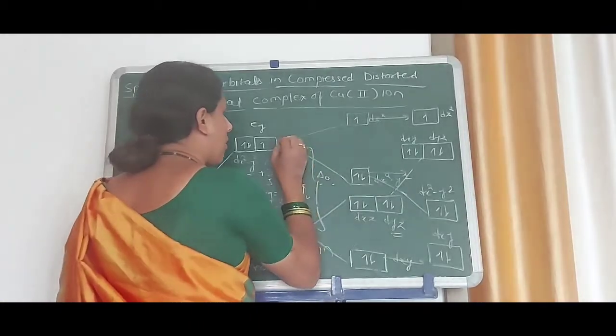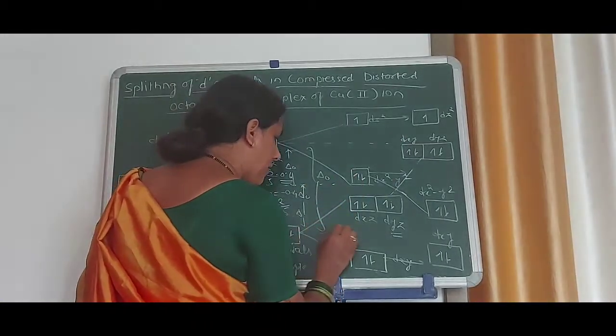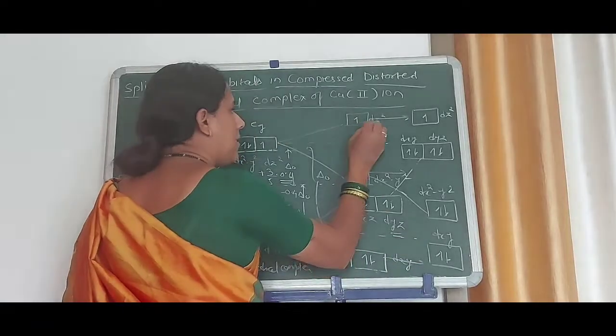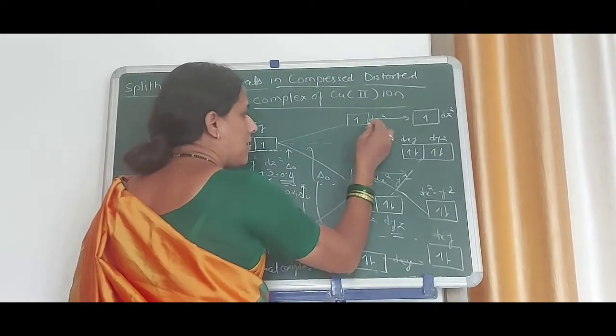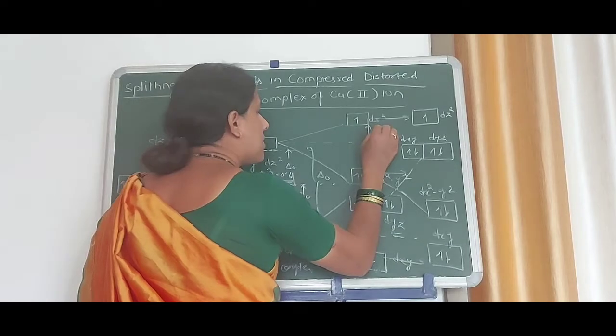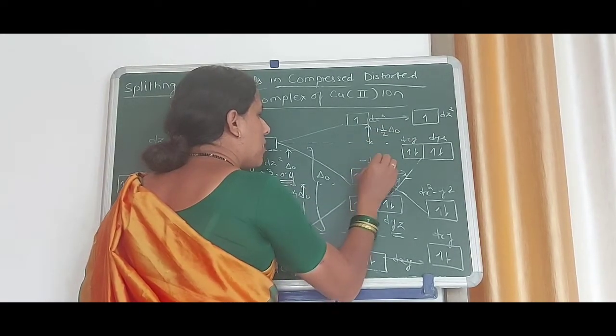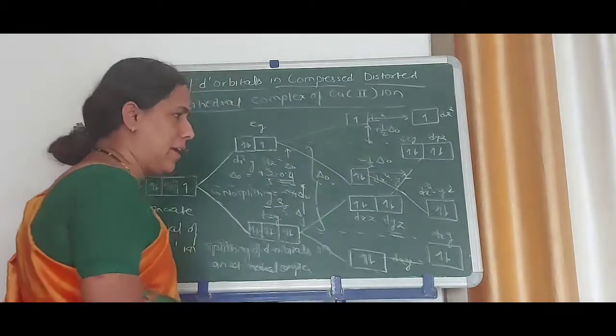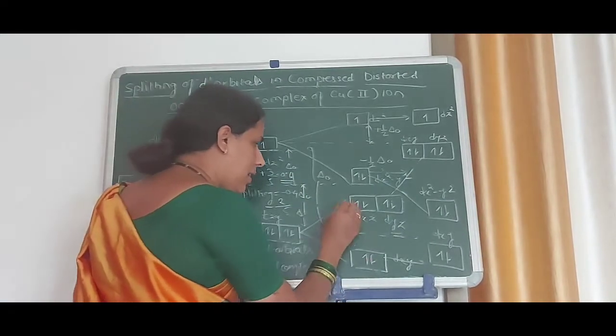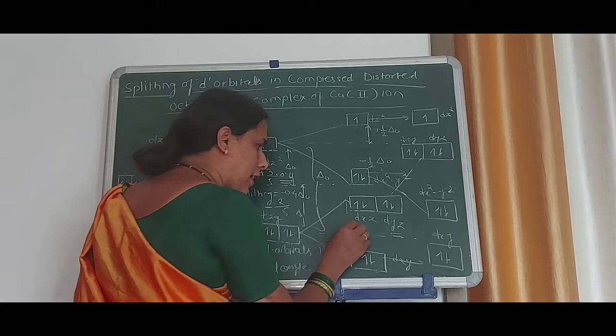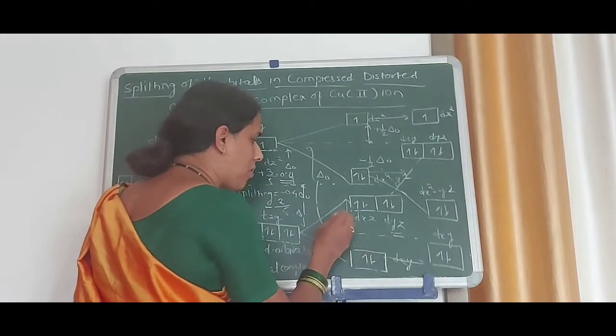Here we have to calculate the energy difference. For 2 orbitals, it is plus 1/2 delta octahedral and here minus 1/2 delta octahedral. From here up to here, how many orbitals? 3 orbitals.